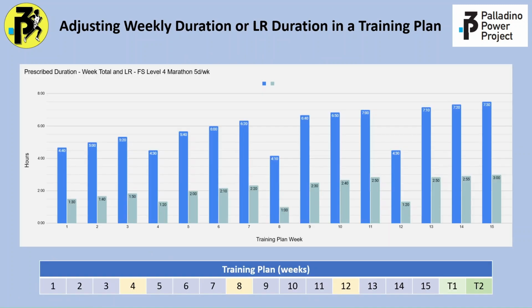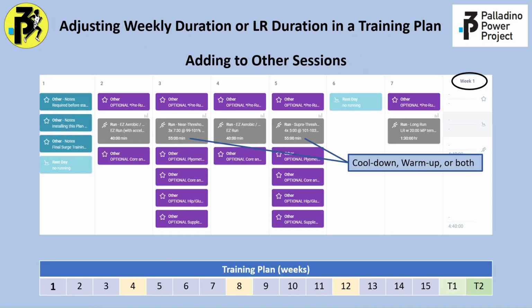Now, in an interval session, let's say we started with that one example of adding 10 minutes here, 5 here, 5 here, 10 here, 10 here. All right, so we have 10 minutes to add into these. Generally going to add it to the cool down after the actual workout session, or the warm up, or both.